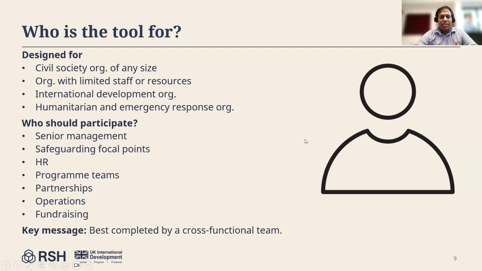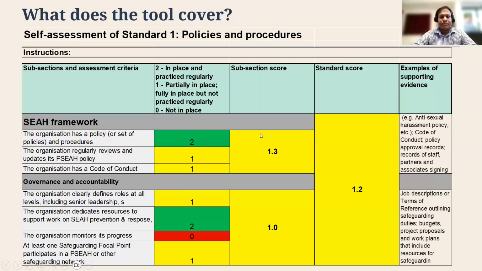This might include colleagues from senior management, human resources, program teams, partnerships, operations, and fundraising. Bringing together different perspectives creates a much richer understanding of how safeguarding works in practice across the organization. It also encourages shared ownership. Safeguarding is not the responsibility of one person, it is everyone's responsibility.